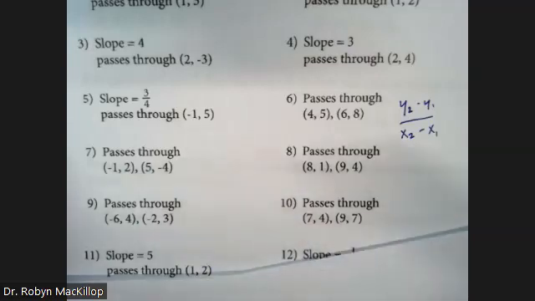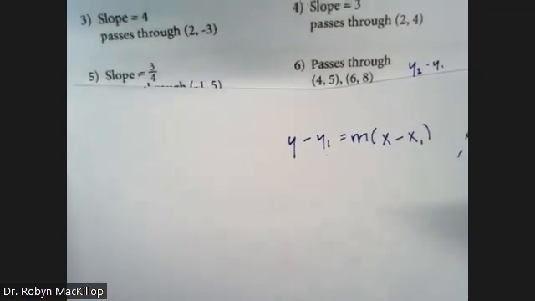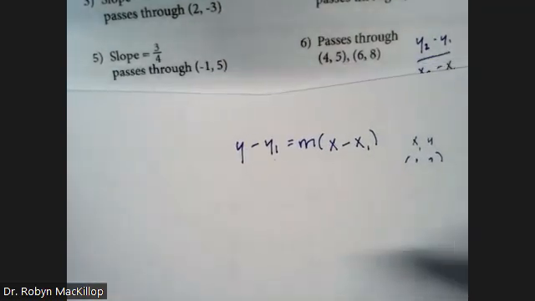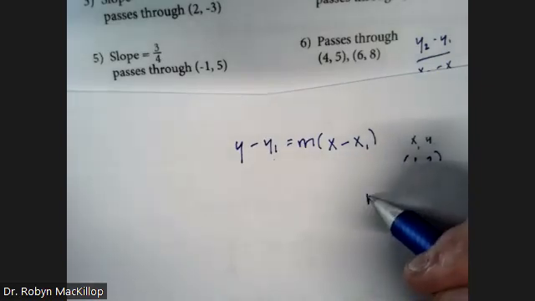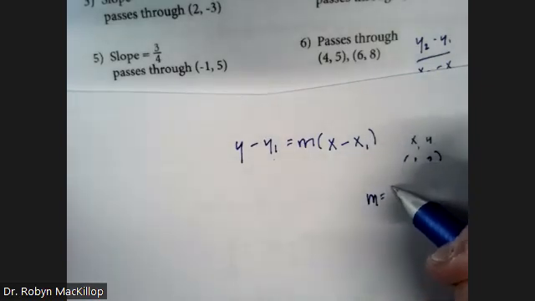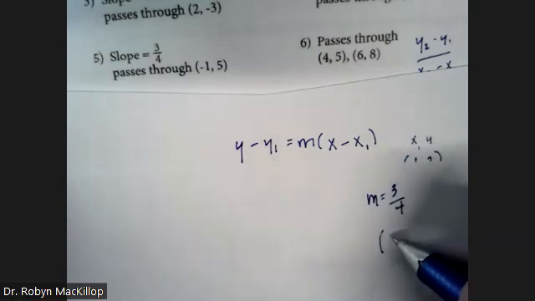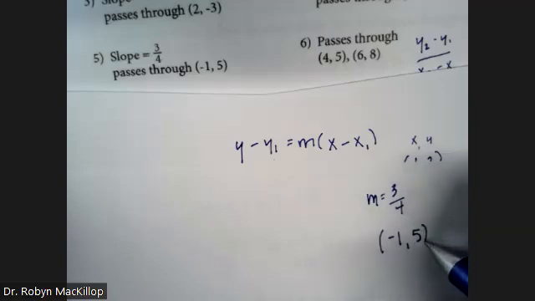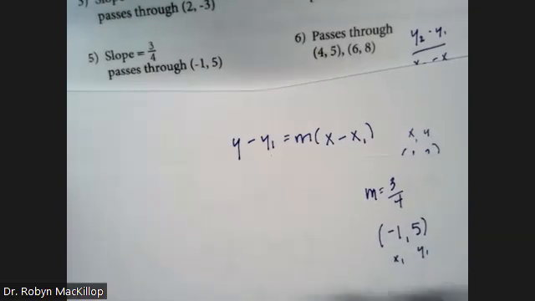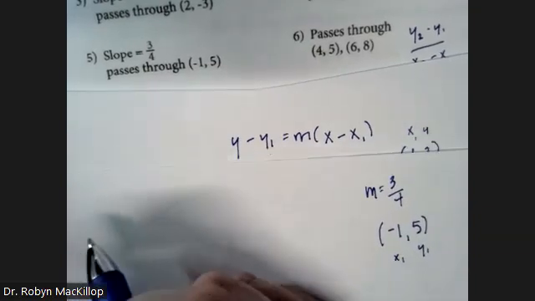Let's try this one. So our slope is 3 over 4. And our ordered pair is -1, 5. So -1 is the x, 5 is the y, and then we're going to just plug that into this formula.